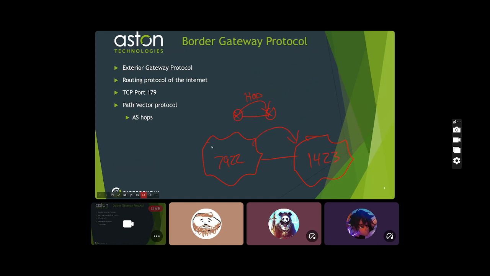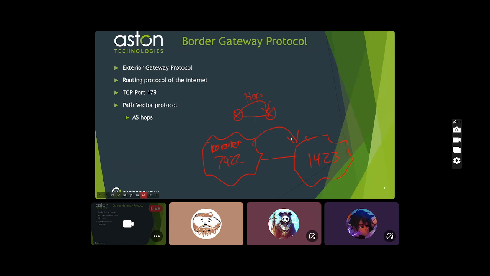So there could be 100 routers in this network that it traverses internally, but it only counts as a hop, for BGP's purposes, once it moves to another network.